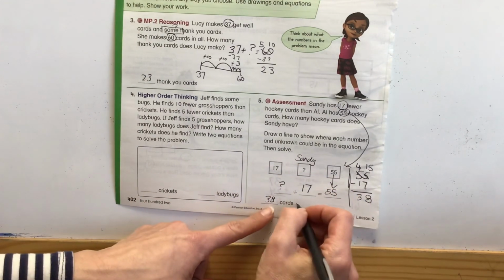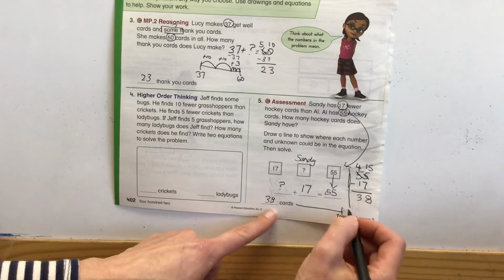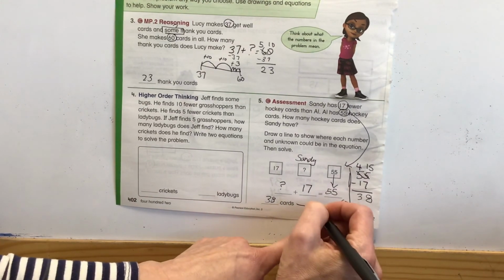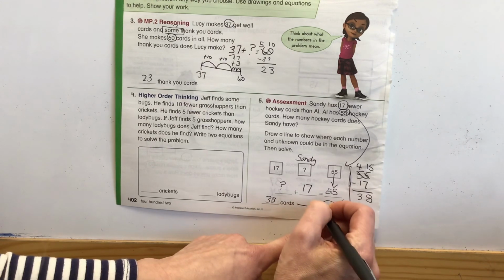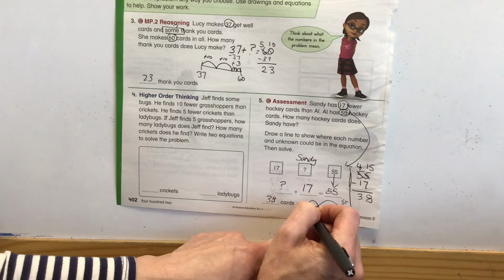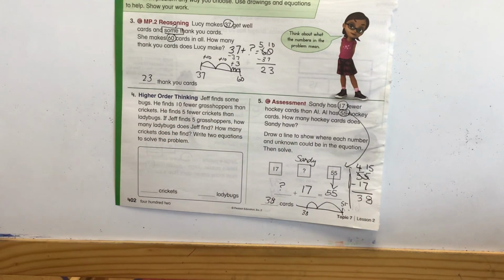So they could count backwards from 55. They could start at 55 on a number line and count backwards 17, and they would get 38 as well. And again, if they have other strategies for doing it, it's great too. This is a great opportunity for them to problem solve and try to solve it different ways.